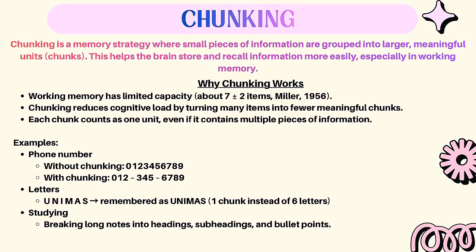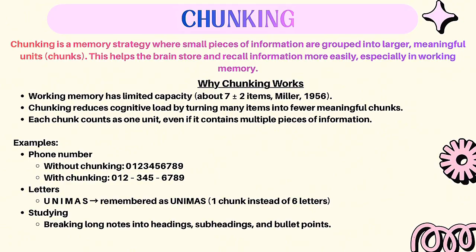In this slide, I will explain the concept of chunking, which is a memory strategy to improve how we store and record information. Chunking works by grouping small pieces of information into larger, meaningful units called chunks. This is especially useful in working memory, where our brain has limited capacity. According to research by Miller, working memory can only hold about 7 items at a time, plus or minus 2.